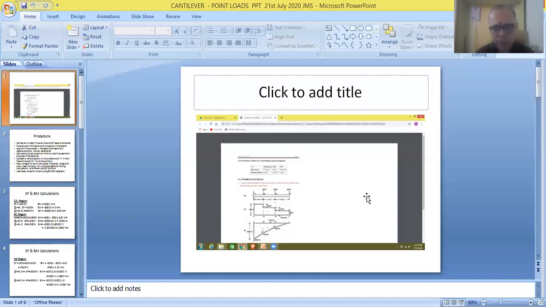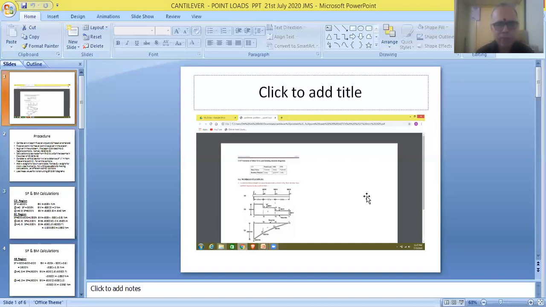This is the way. If it is given in the problem, well and good, we can use the same letters. Otherwise, according to our convenience, we have to mark all these points. So marking of points is very, very essential.